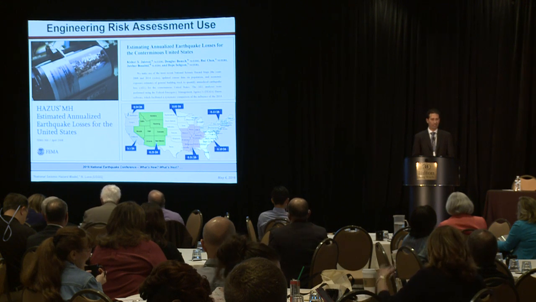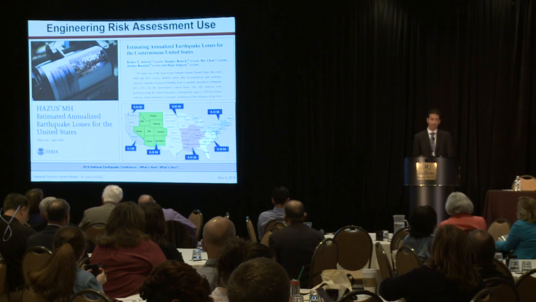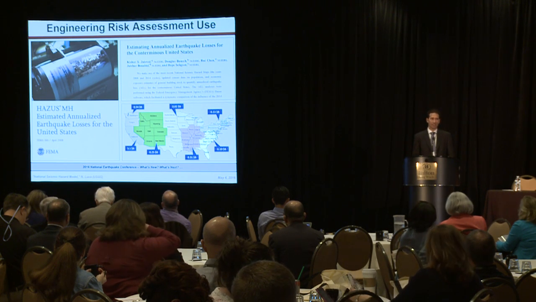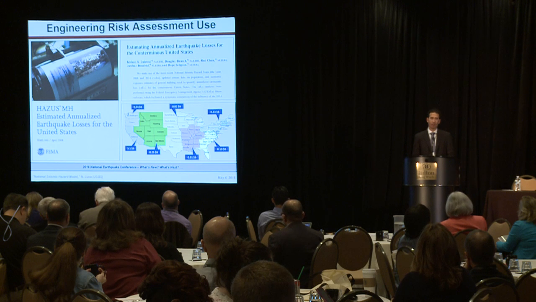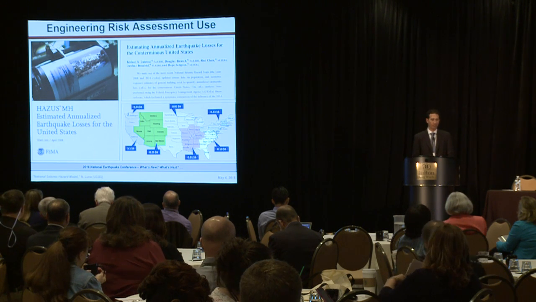And then another engineering risk assessment use was to take the USGS National Seismic Hazard Model and the HAZUS software for estimating annualized earthquake losses and scenario losses as well, and to update essentially a document that FEMA has produced in the past, and this time USGS with colleagues in FEMA and others did.